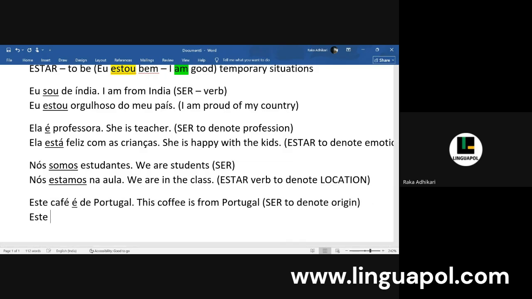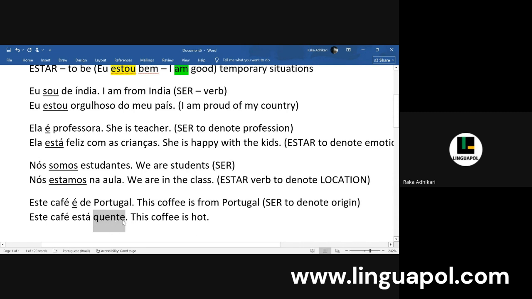Then I'm saying, este café está quente. This coffee is hot. This word quente, in European Portuguese we'll say quente, in Brazilian we'll say quente. Okay.